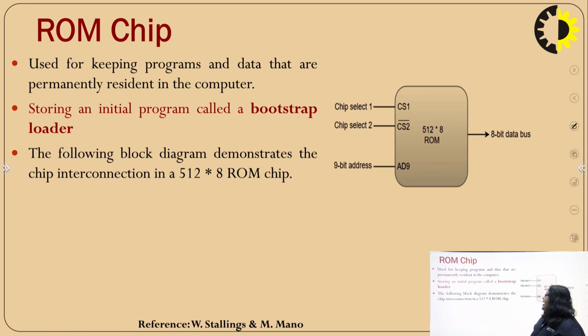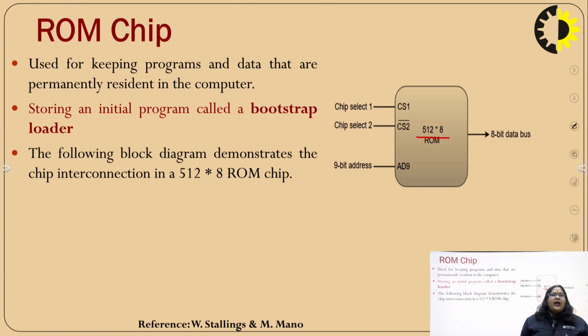The size of the ROM chip in this particular example is 512 into 8. If the size is 512, the address bits are 9, as I already explained for the RAM chip. This is a very important point to keep in mind: if the size is changed, then the address bits are changed.